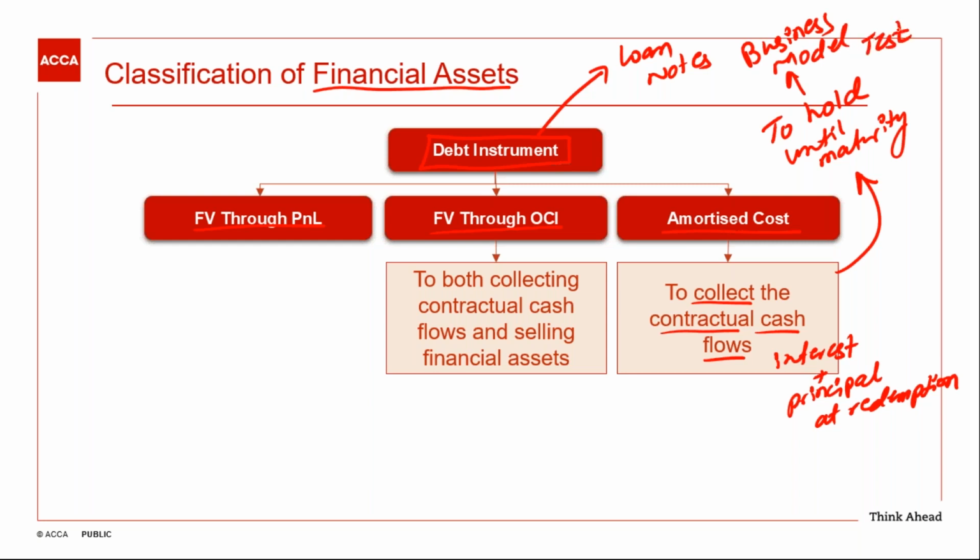Our business model, our intention should be to hold the asset until maturity, only then we can classify it at amortized cost.